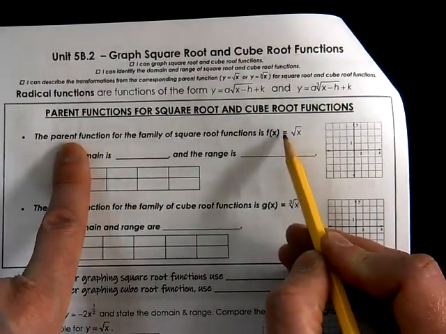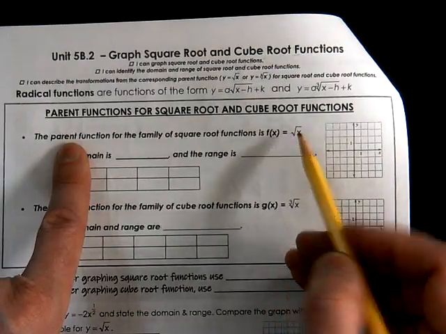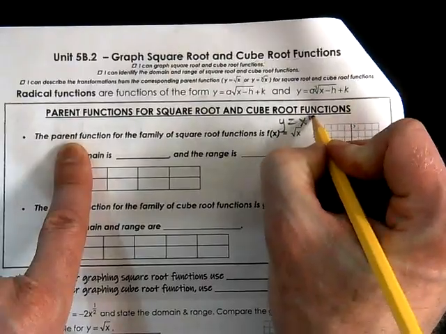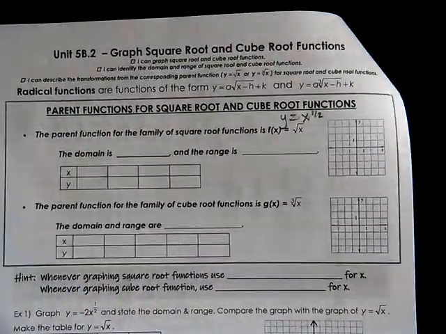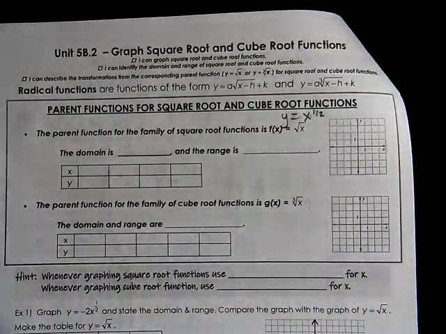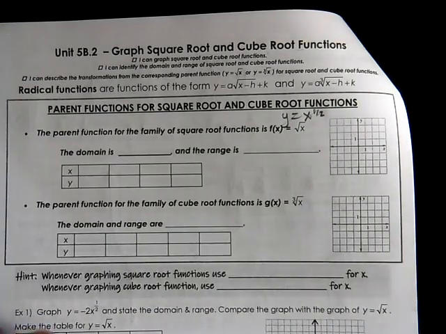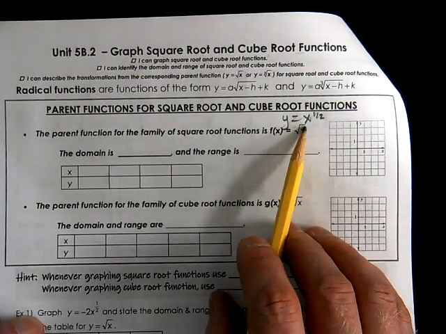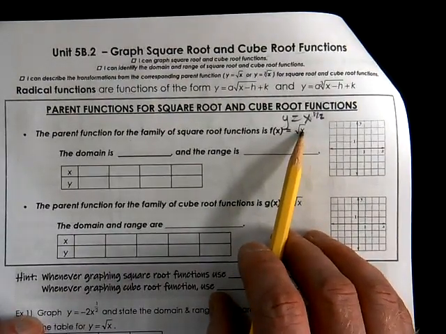As a reminder, we have the parent function. The parent function is f of x equals square root of x. That can be the same thing as x to the half power. When you think about the domain, you're thinking about numbers you can plug into the square root of x.